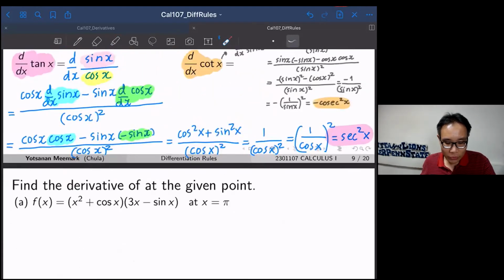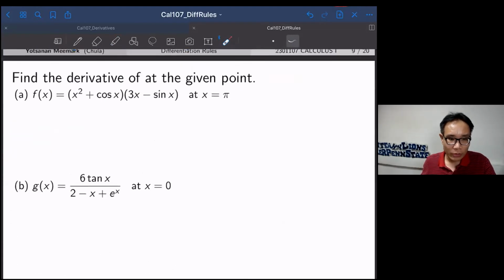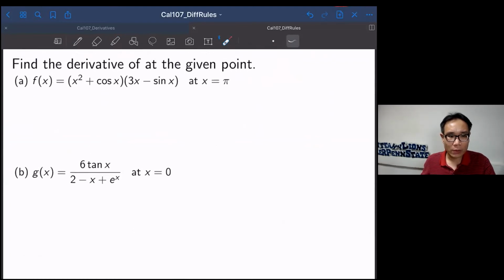Okay, so for the last two pages on this topic, we're going to talk about the derivative of a function at a given point. For this one, it's going to be important for you to calculate the number.